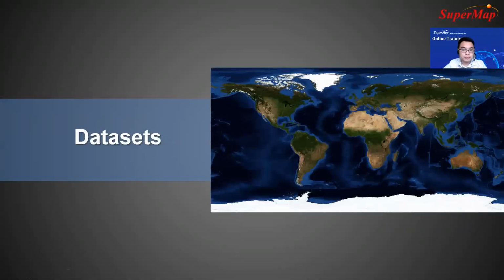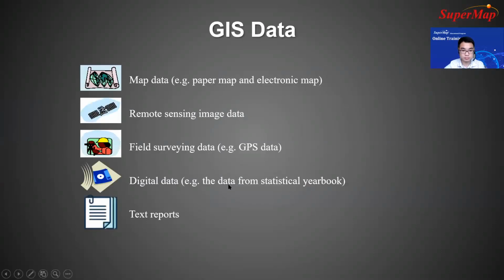And then we go back to the data. After we talked about the data source and the database, we know that in the database we can store different data sets. For the GIS data, there are different resources of the data. We can have data from the map, like a paper map or some electronic map.